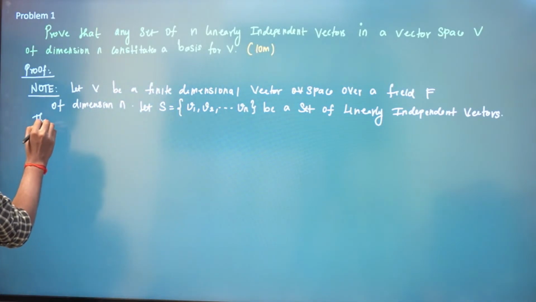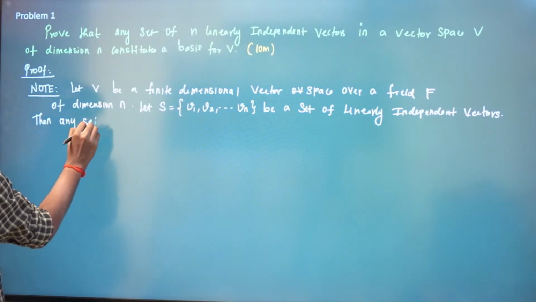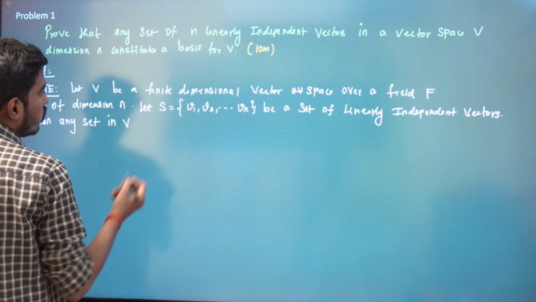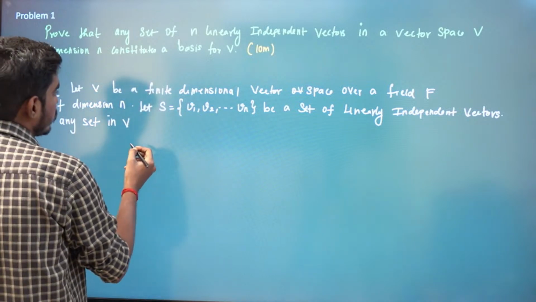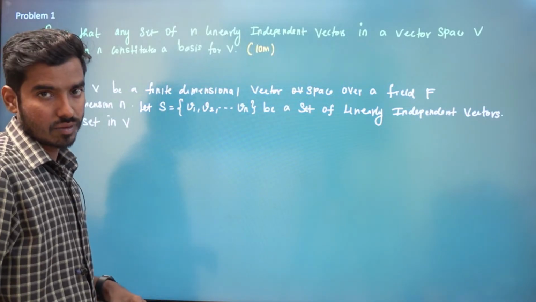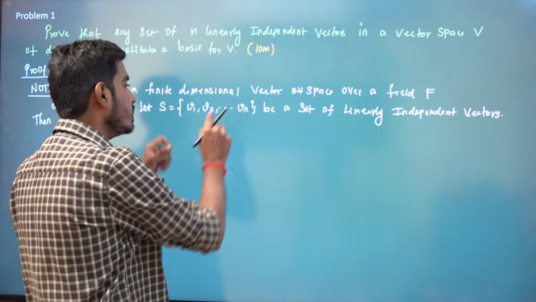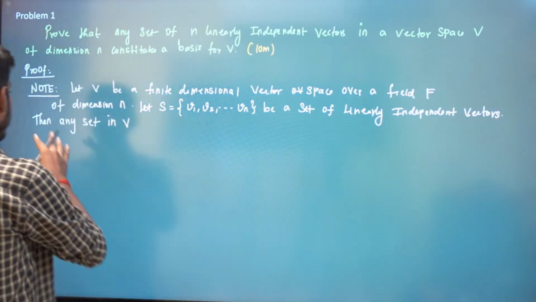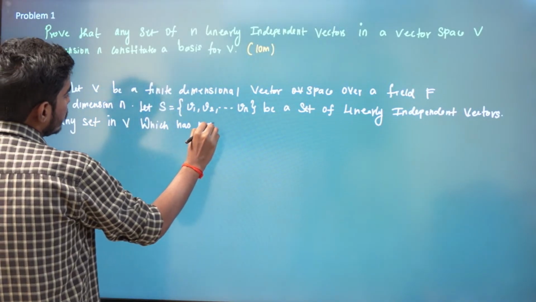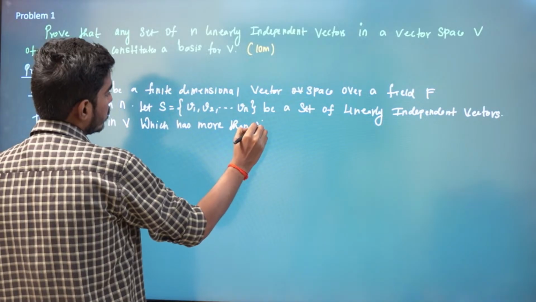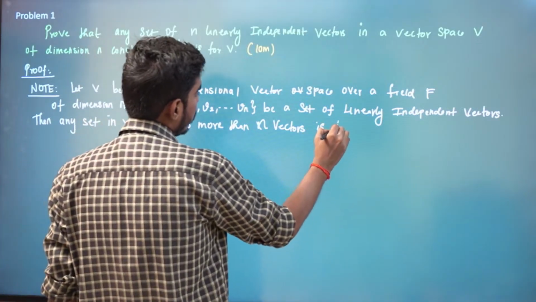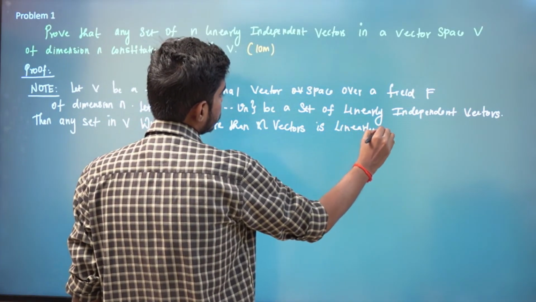Then any set in V which has more than n vectors is linearly dependent. Yes or no?